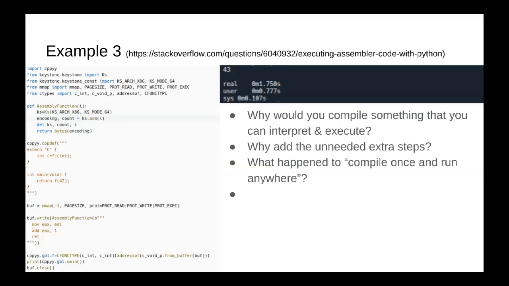This is example 3 that I had created. Now, this is the least compiled version of it. It just encodes the assembly for the architecture that it's supposed to run on, and then it just passes it right into C like it's an ordinary function in Python. The only difference is that it's getting passed a pointer to the address of the buffer in this case.